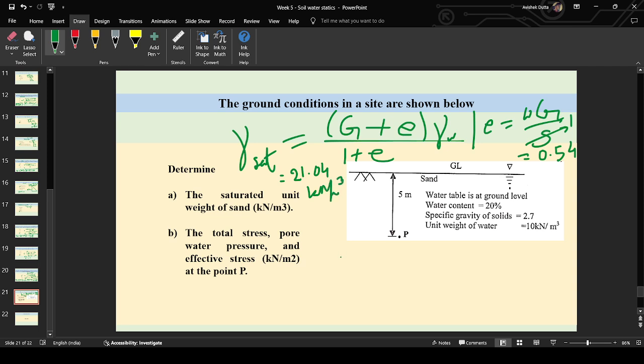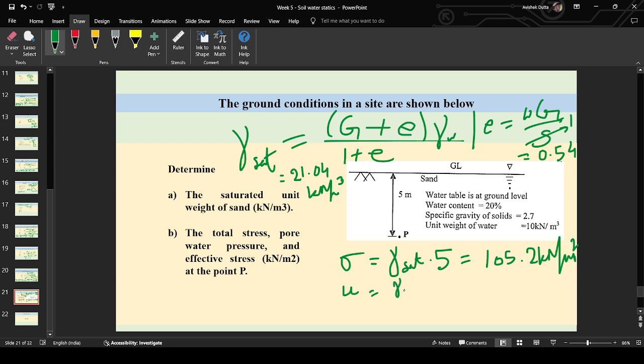Very good. What is the total stress at the point P? 105.2 kilonewton per square meter. Yes, gamma sat, 21.04, into 5, is 105.2 kilonewton per meter square. Okay, what will be the pore pressure?